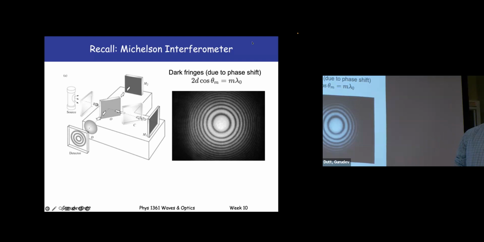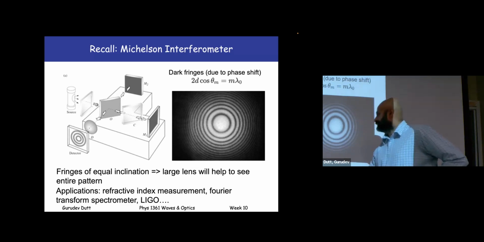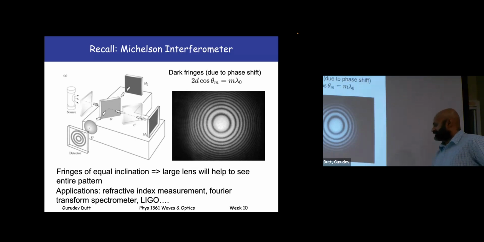Now we get a dark fringe, and so it looks very similar to Haidinger fringes, fringes of equal inclination. And so by putting a large lens there, we can see the entire pattern, which will be circular.